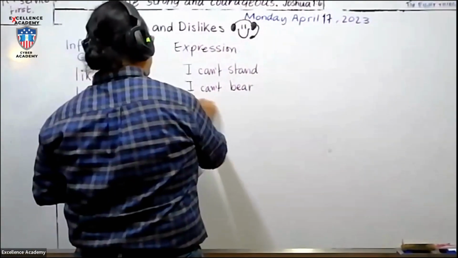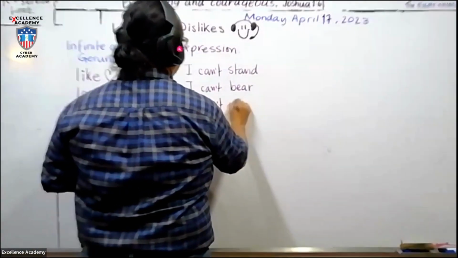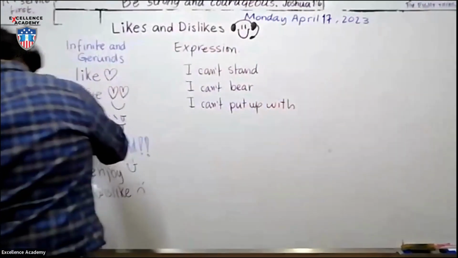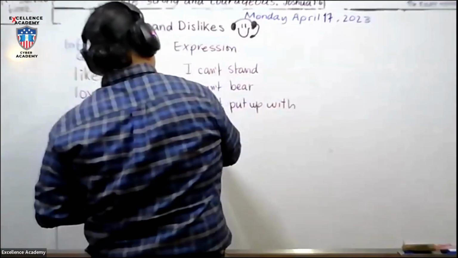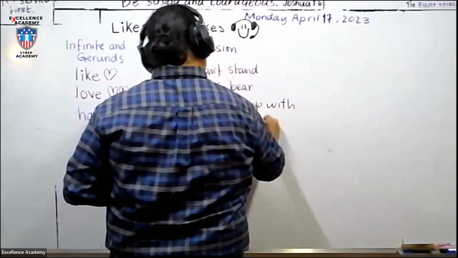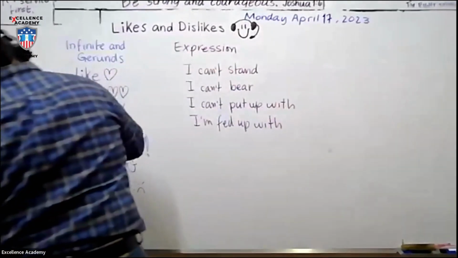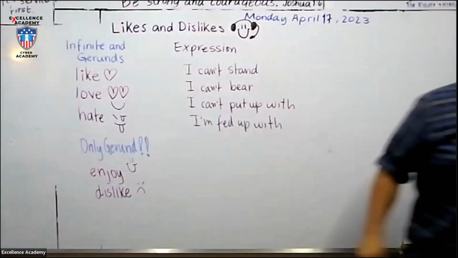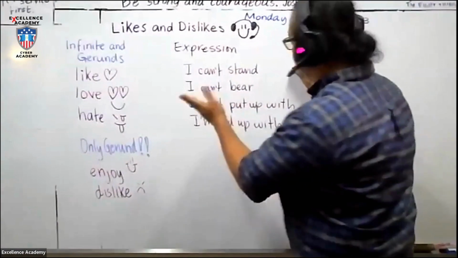Let's say another one: "I can't put up with." Also saying hate, right? Or "I'm fed up with." Also hate. So here, the correct structure after this is gerund or infinitive.